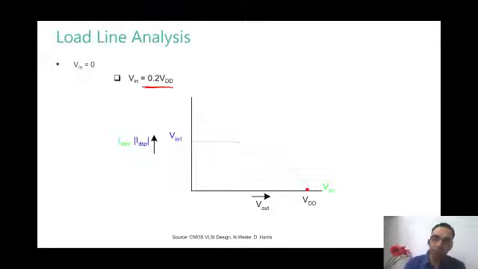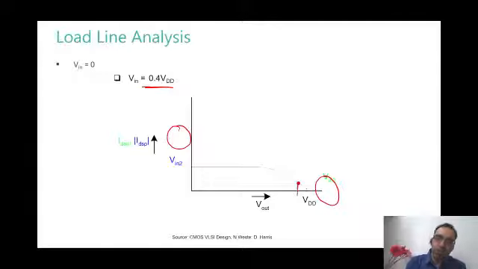See what I am doing: I'm changing the value of Vn. At different values of Vn, different curves would come into the picture. There is this curve for the NMOS and this curve for the PMOS. So where do they intersect? At a certain value of Vn, they intersect at almost VDD. So V out will be almost VDD when Vn is equal to 0.2. When Vn goes to 0.4, these are the two curves that come into the picture, and my V out will be almost equal to VDD, though not equal, slightly lesser than VDD.